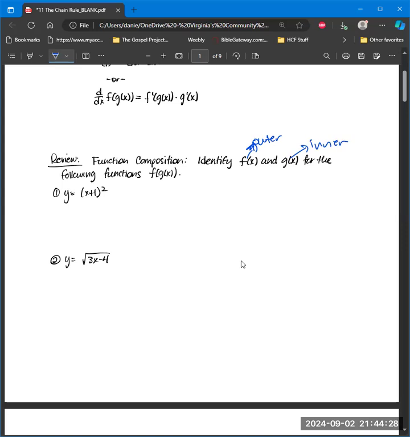So first, we're going to have outer function f of x is equal to x squared. Something is being squared, and the something that's being squared is x plus 1. And then we have outer function here is the square root function, and the inner function is 3x minus 4.